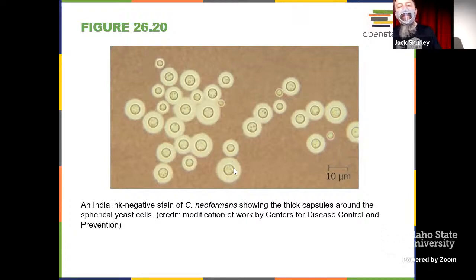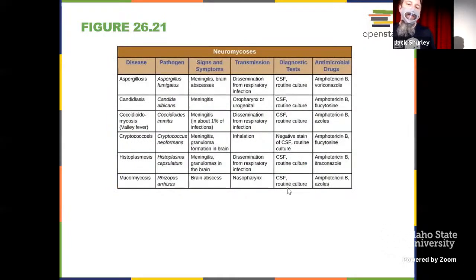So here you can see the cell wall of the fungus of this yeast. And then the big halo around them are the capsules, the sugar coating that they secrete to the outside. And it is a virulence factor. It enhances the capacity for these guys to get in and go undetected by our immune response.